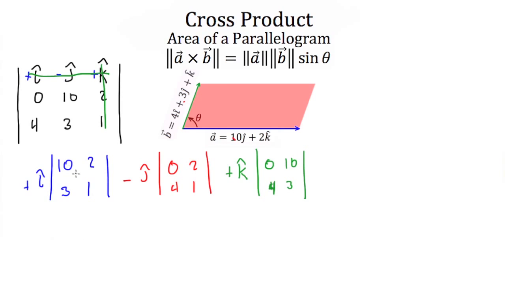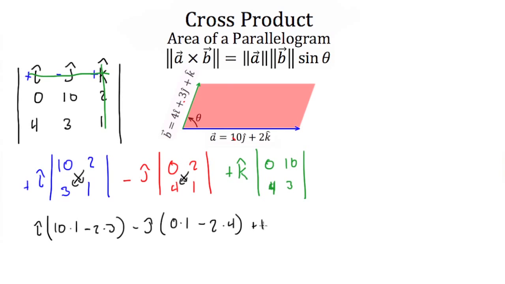So then I take my i and I multiply it by the determinant of this 2 by 2 matrix. So 10 times 1 minus 2 times 3, and then minus my j times the determinant of this 2 by 2 matrix, so 0 times 1 minus 2 times 4, and then plus my k times this determinant, so 0 times 3 minus 10 times 4. 10 times 1 is 10, minus 2 times 3, which is 6.